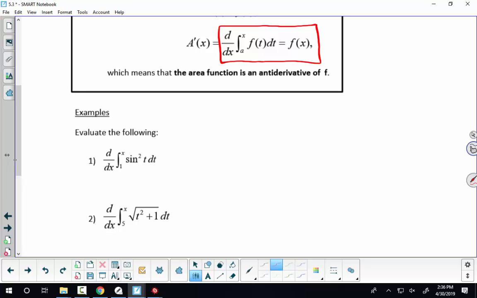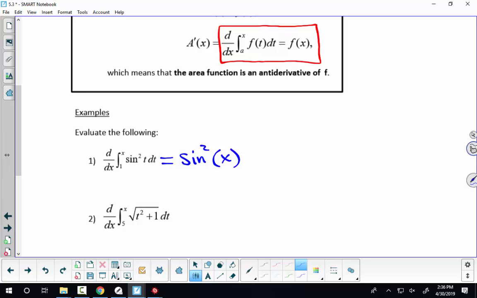Look what happens when we take the derivative of the integral up to x on this function of t. It just becomes a function of x. So this function of t now becomes this function of x. Example 2: what's the derivative of the integral from 5 to x of the square root of t squared plus 1?